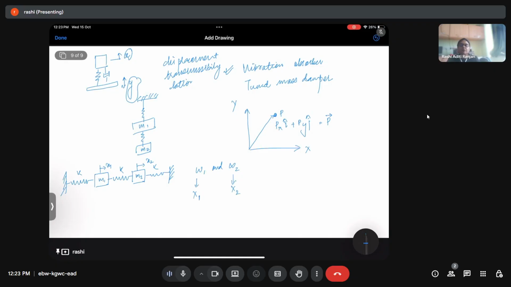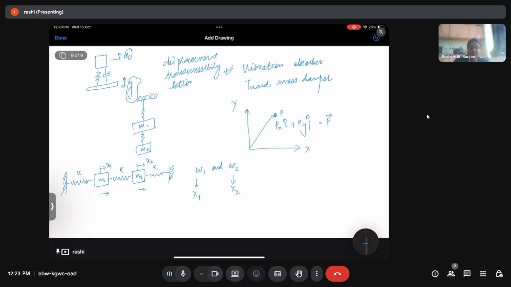Corresponding to omega 1, we are going to have a certain kind of motion. If I give the motion in this direction, with both in the same direction, one kind of mode is going to get excited.